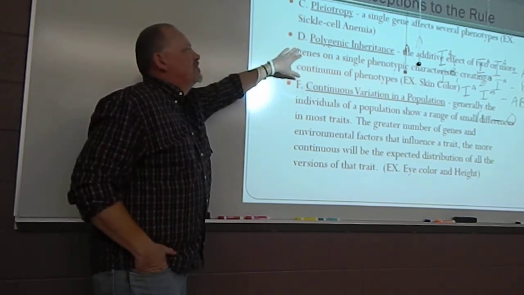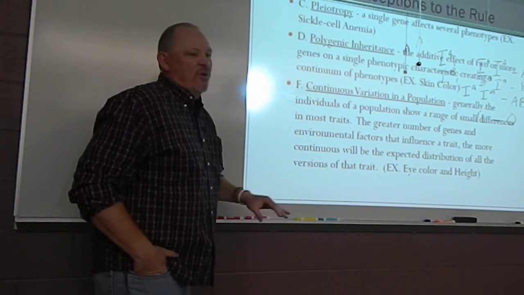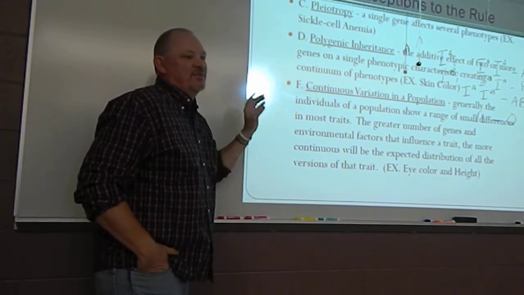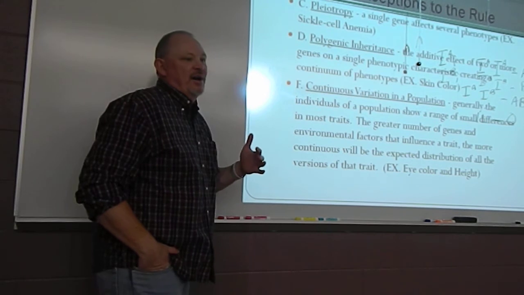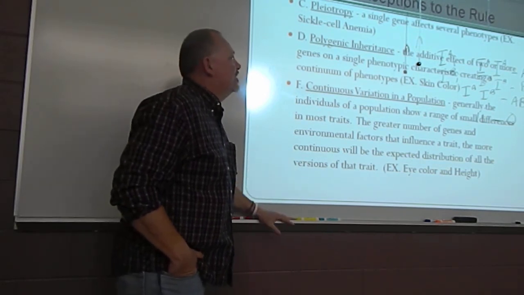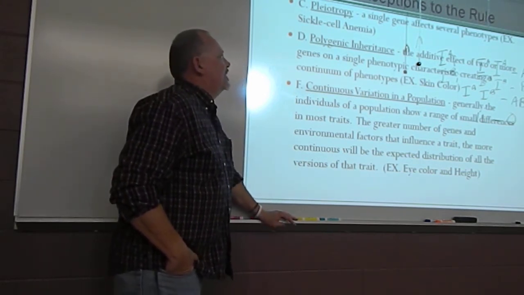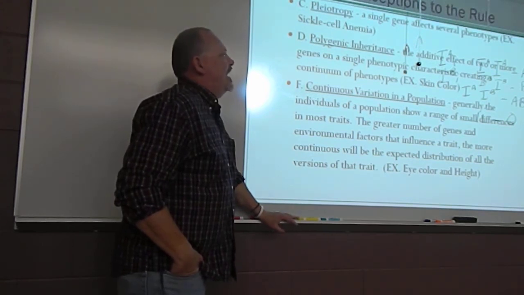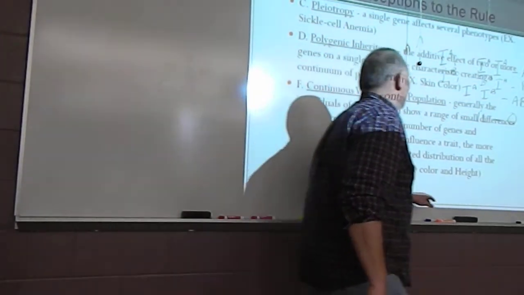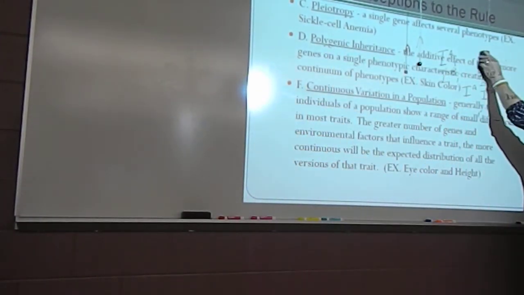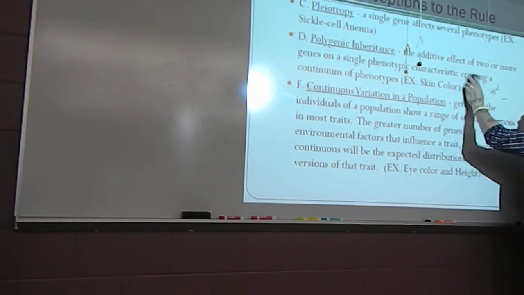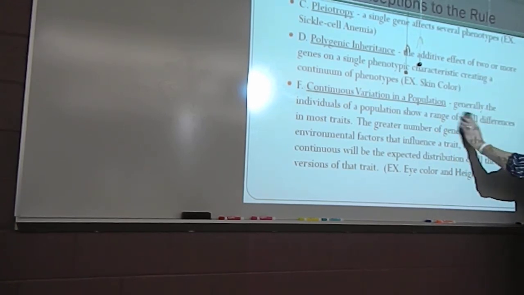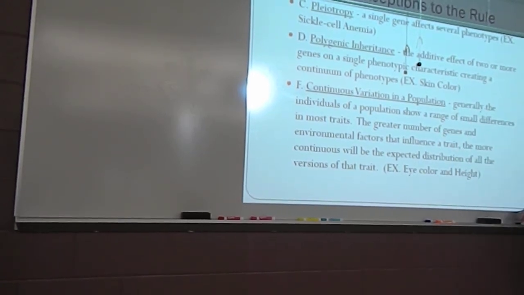Polygenic inheritance is where you have two or more genes influencing one phenotype. We're talking about eye color, right? Skin color. There are a lot of different phenotypes that are driven by more than one gene, okay?